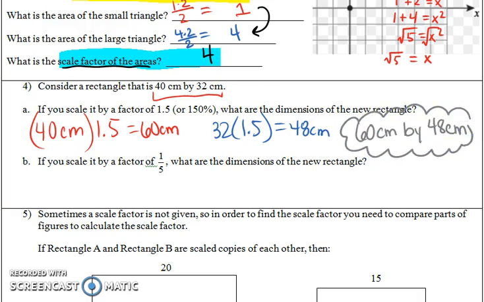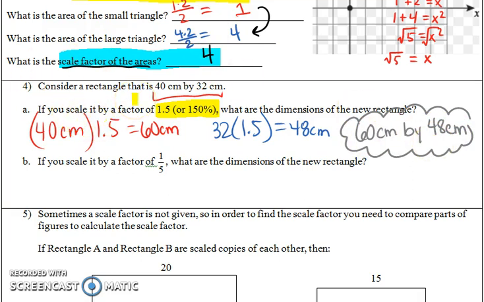Now, going back to the problem, the scale factor was 1.5, or 150%. This should have given you the clue that you're making your rectangle bigger because your scale factor was greater than 1. So looking at your old dimensions, 40 by 32, and looking at your new dimensions, 60 by 48, it makes sense that the dimensions are bigger.